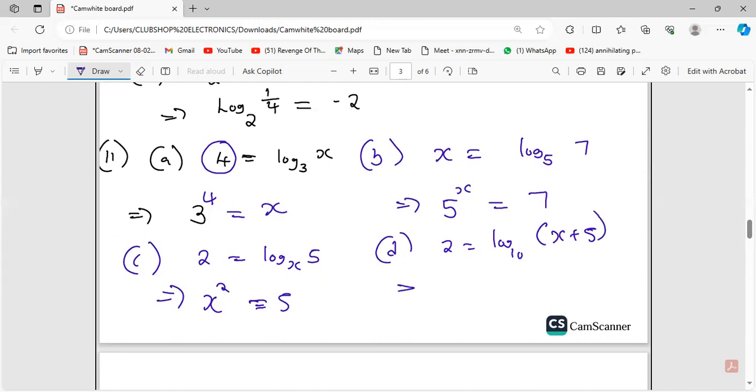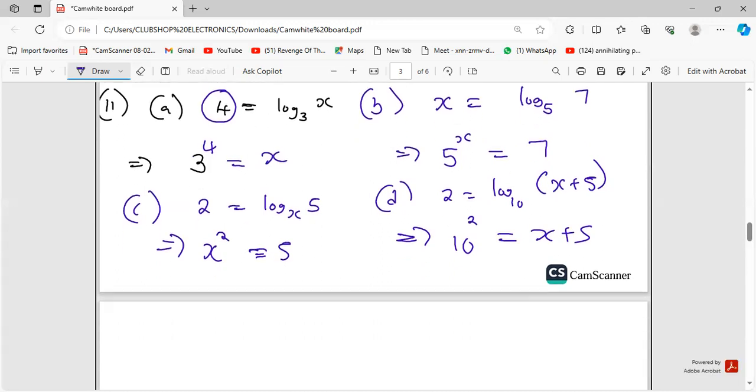Our base is 10, and 10 will be raised to the power 2 equal to x plus 5. And that is your answer. So that is where we end for this presentation. We're looking at the definitions of exponential functions, natural exponential functions, and logarithmic functions, as well as how to change from log to exponential, from exponential to log.